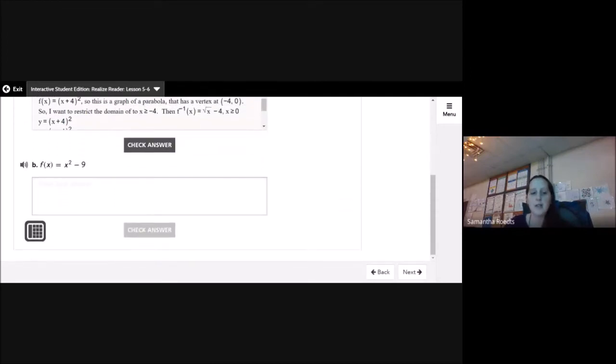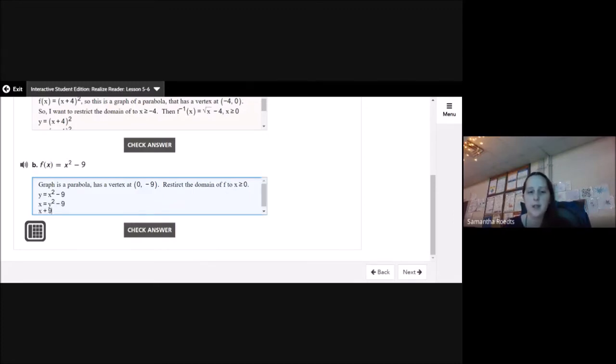Okay, for b, f of x equals x squared minus 9. This is a parabola, and the graph has a vertex at (0, -9). So I'm going to restrict the domain of f to x is greater than or equal to 0. Then I'm going to switch them. So y equals x squared minus 9 becomes x equals y squared minus 9.